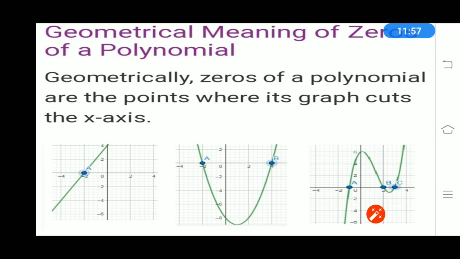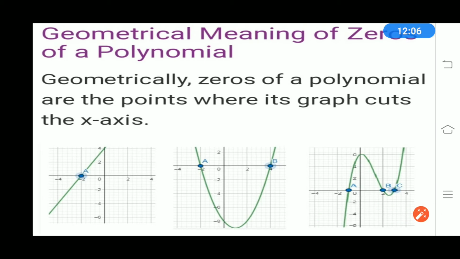Now, geometrical meaning of zeros of a polynomial. Geometrically, zeros of a polynomial are the points where its graph cuts the x-axis. Clear?